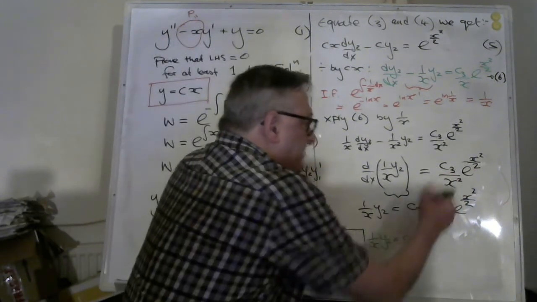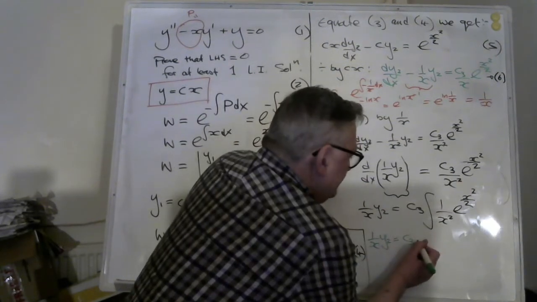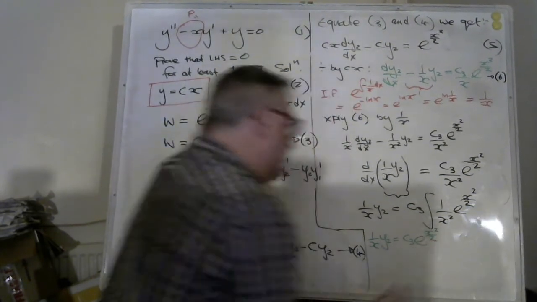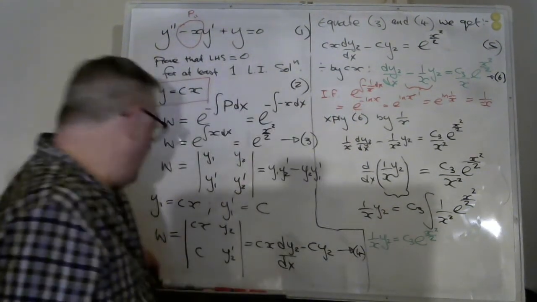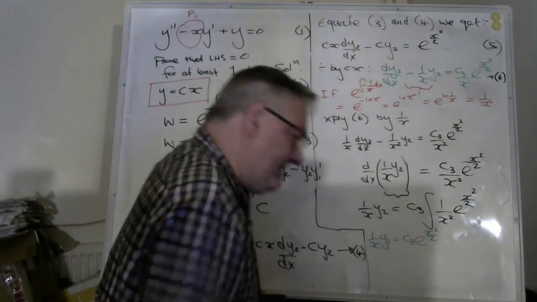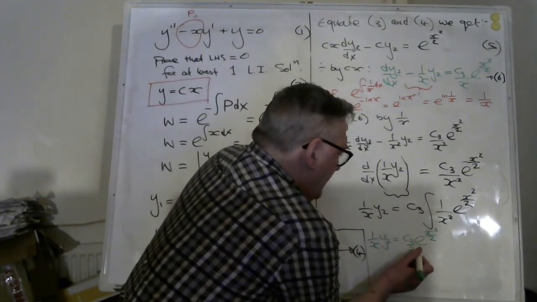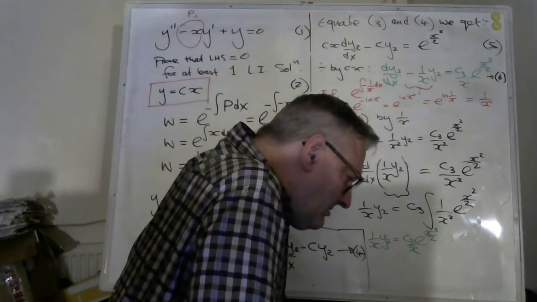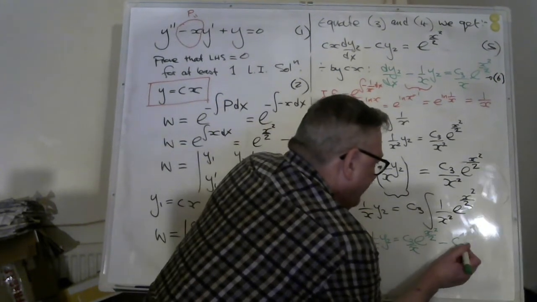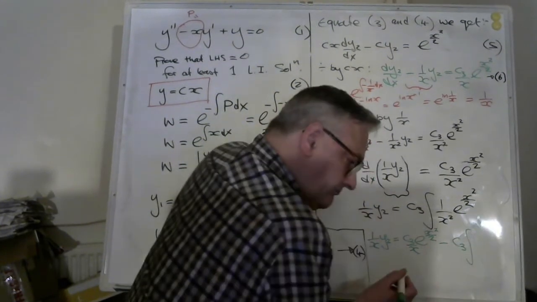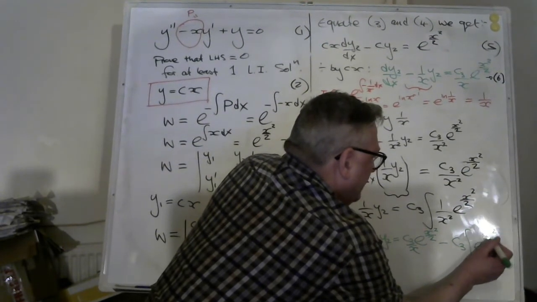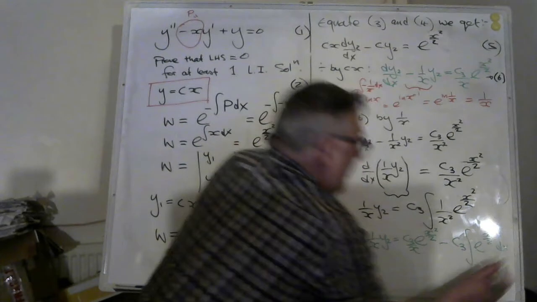So we're integrating this by parts, and if you do that, you get c3 e to the x squared over 2, and in fact there's an x in that as well. So then we have a minus sign, c3 times the integral of e to the x squared over 2, and that is all multiplied by dx.